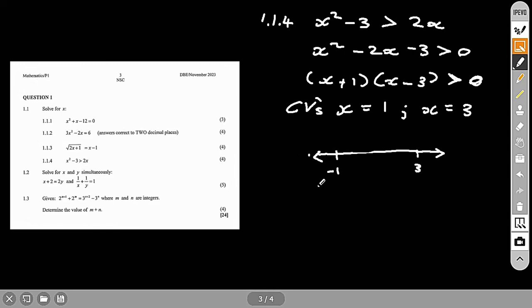You put values that are less than -1, which is your -2, -3, all those things, in your calculator.